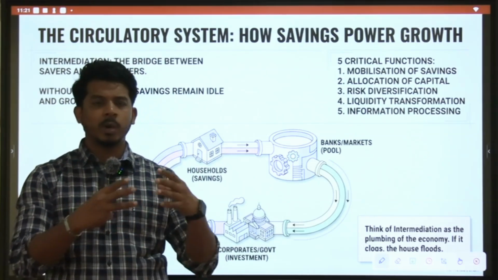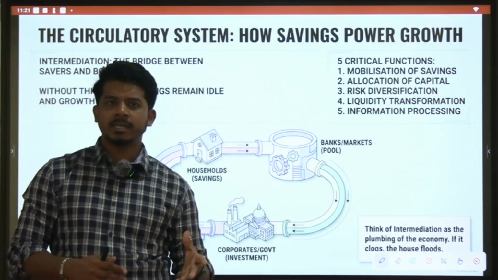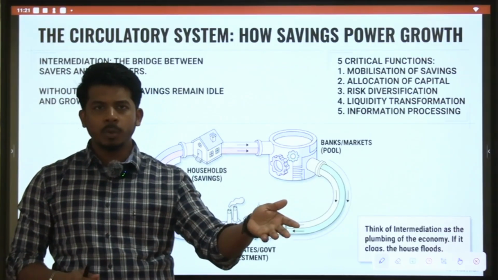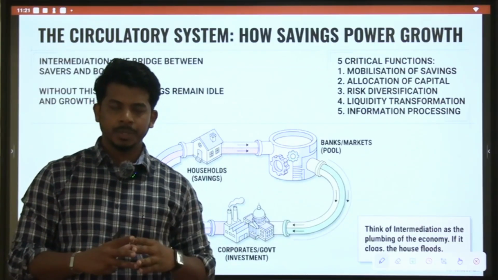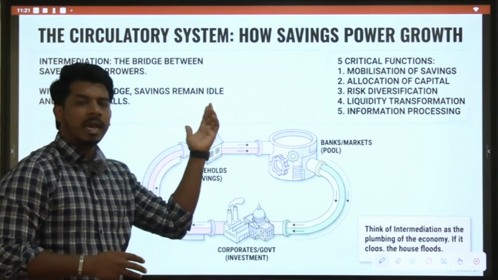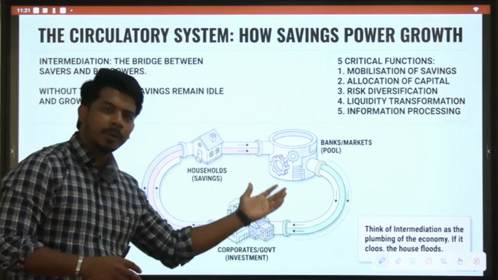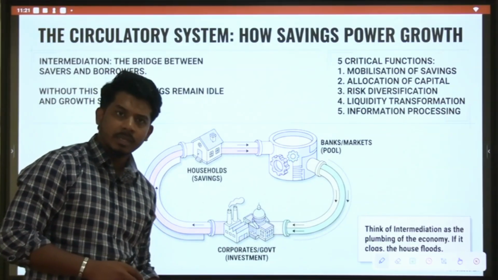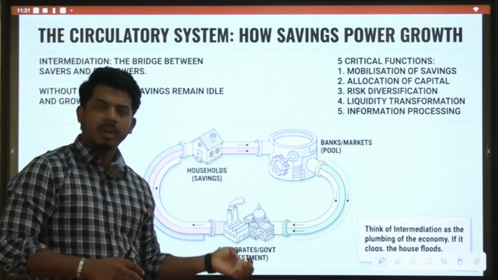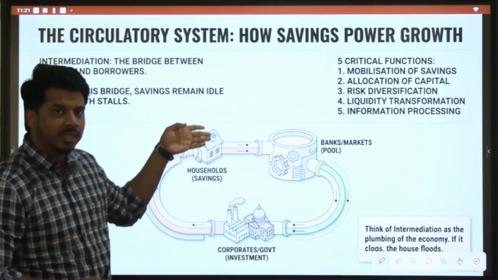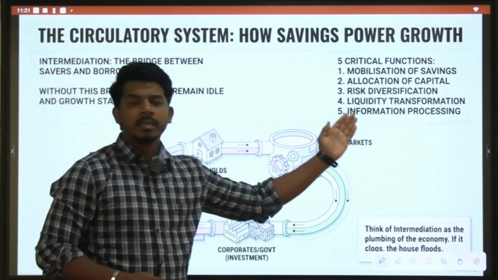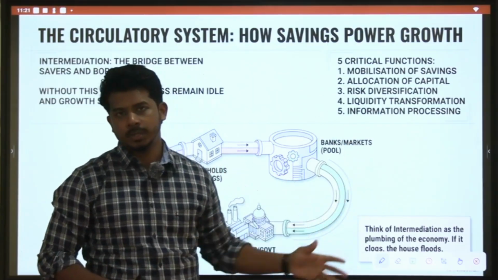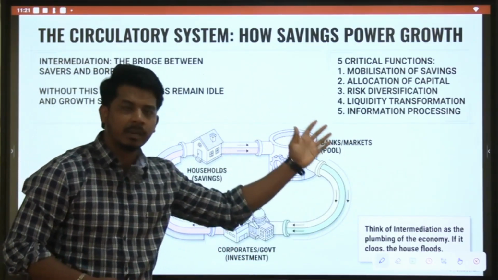So if I give 1 lakh at a 10% interest rate, he will create 2 lakhs, he will pay my 1 lakh back with interest and he will keep the remaining money. So there are many people having surplus, and there are many people and institutions having a requirement for money. So how to transfer this savings into this investment? This is done by something called financial institutions. This is what we call financial intermediation.